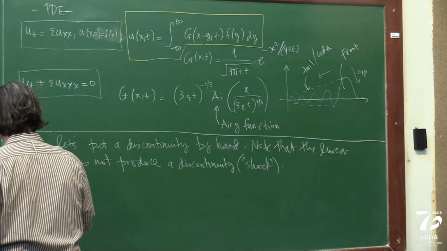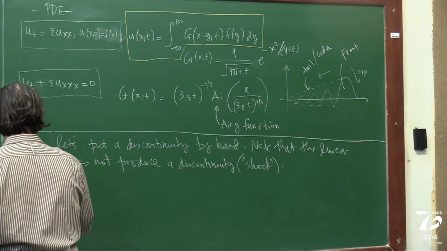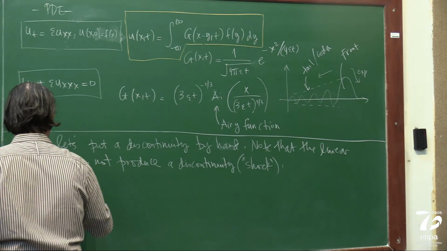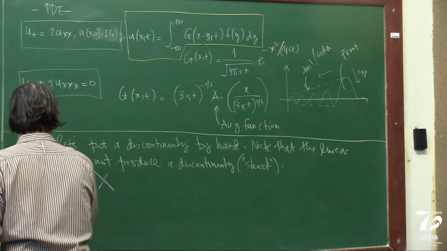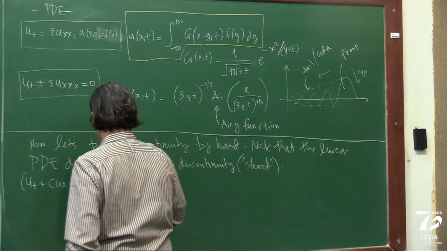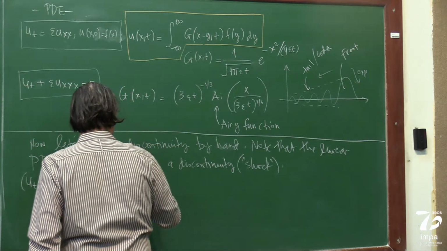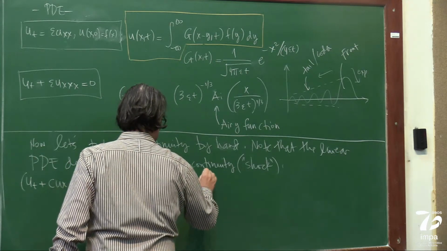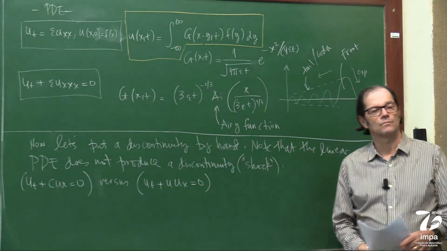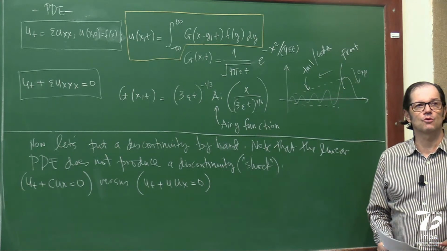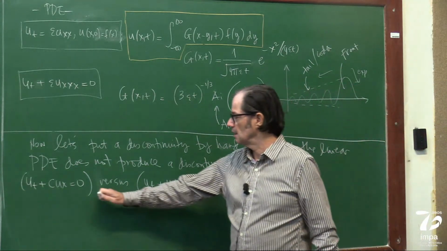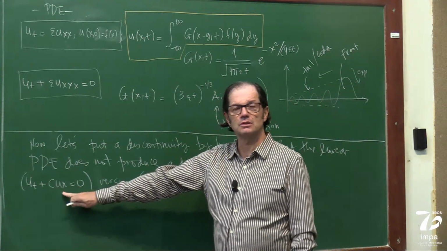Now let me go back to, say, u_t + c u_x = 0 with initial condition u0. Some of you know what I'm talking about, some of you maybe not yet. This is basically our linear wave equation.